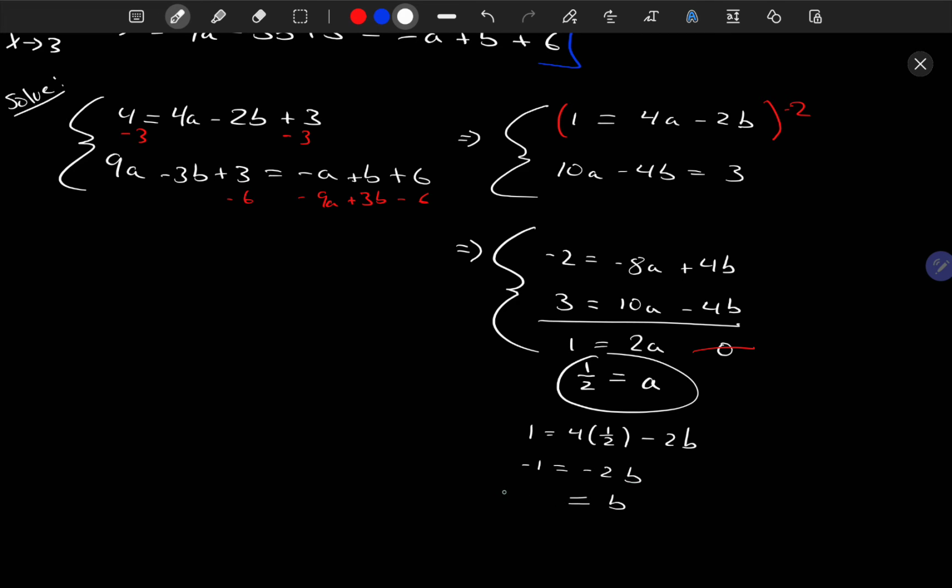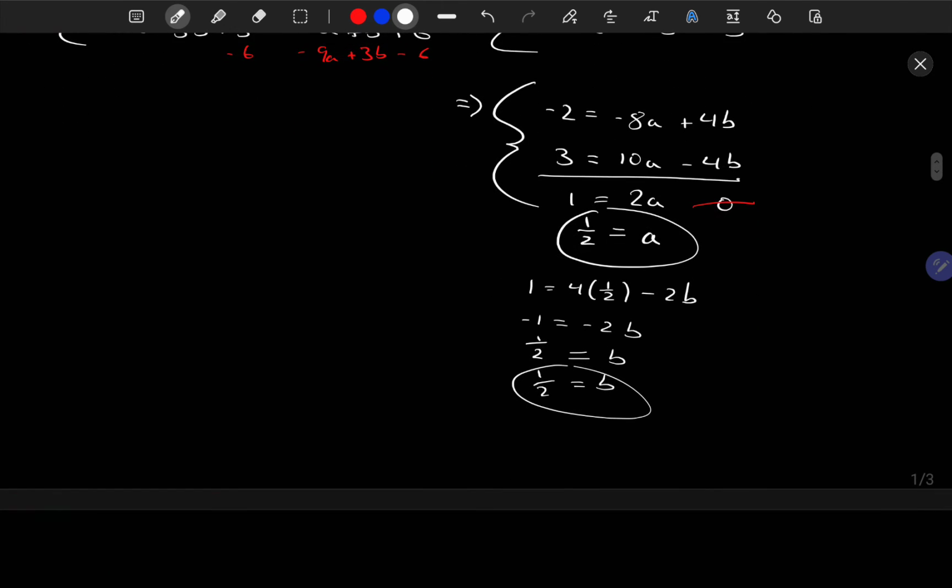So b equals negative negative, cancel out, over 2. 1/2 also equals b. Would you look at that?